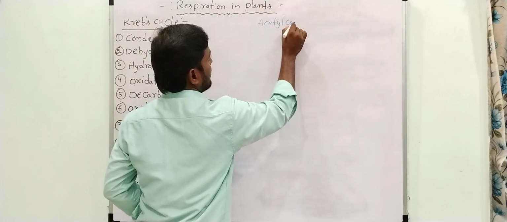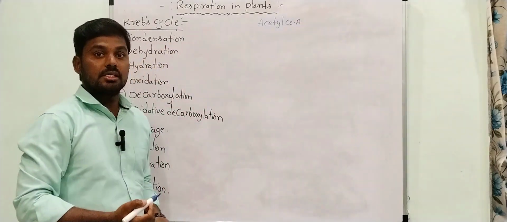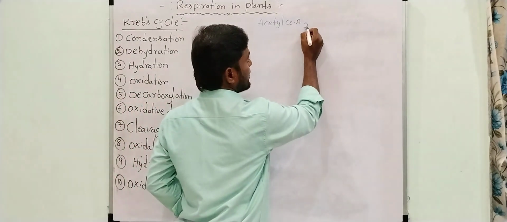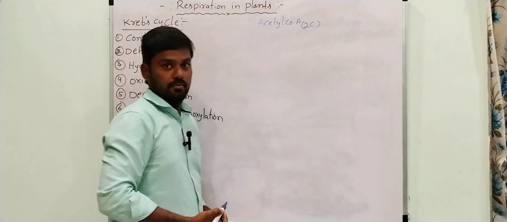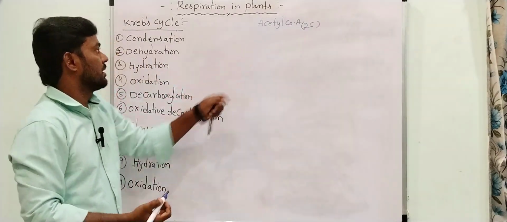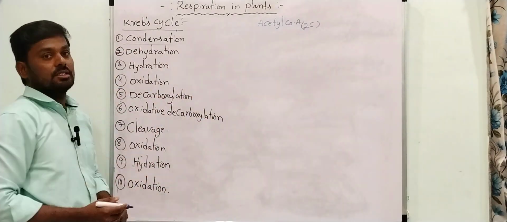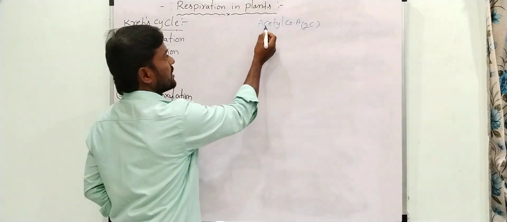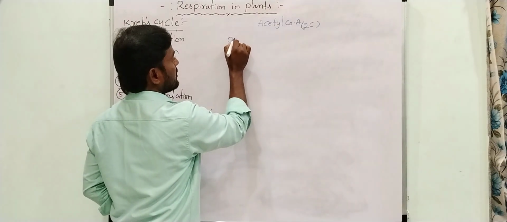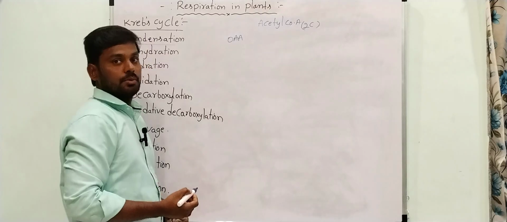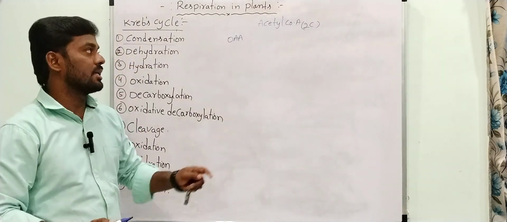Acetyl coenzyme A, as we know already, is a 2 carbon compound. It undergoes the first reaction, condensation. The acetyl coenzyme A is accepted by oxaloacetic acid.